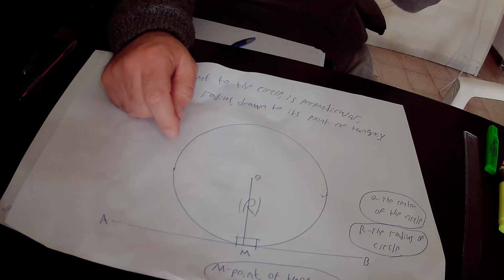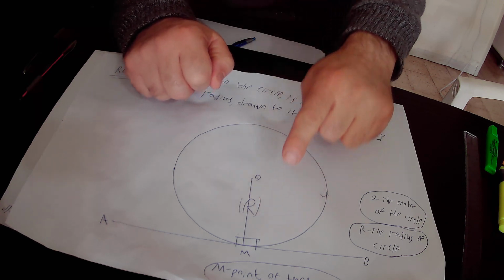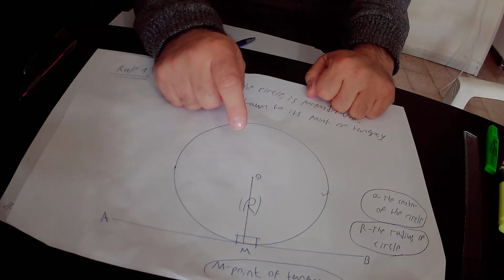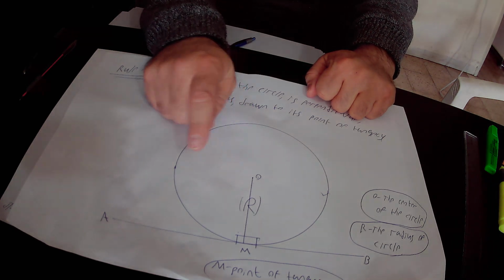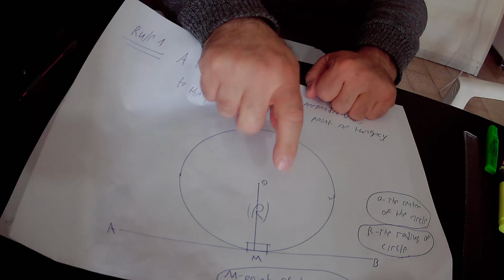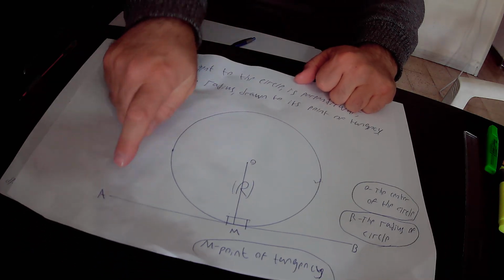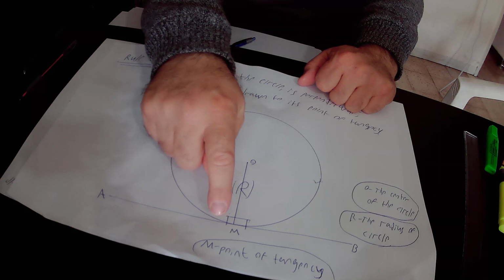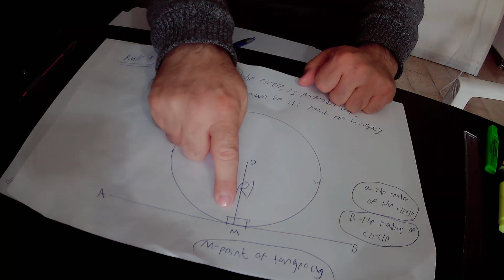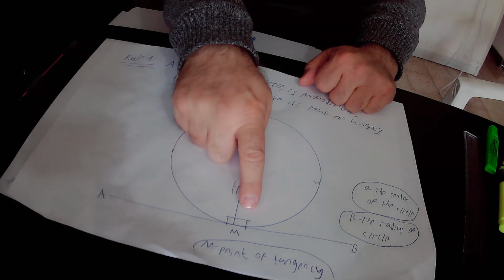And we have also the radius OM that is drawn to point M. And whenever you have a radius that is drawn to the point of tangency, then tangent AB will be perpendicular to the radius MO. If AB is perpendicular to MO, it means that this angle equals 90 degrees and this angle equals 90 degrees.